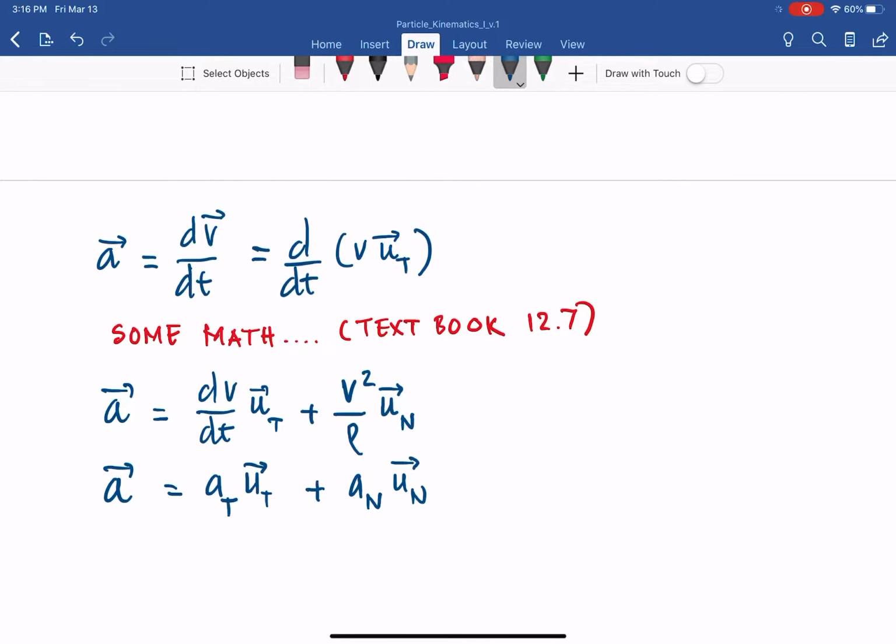At any given instant, at, by its name, implies the tangential component, so it will be tangent to the path.